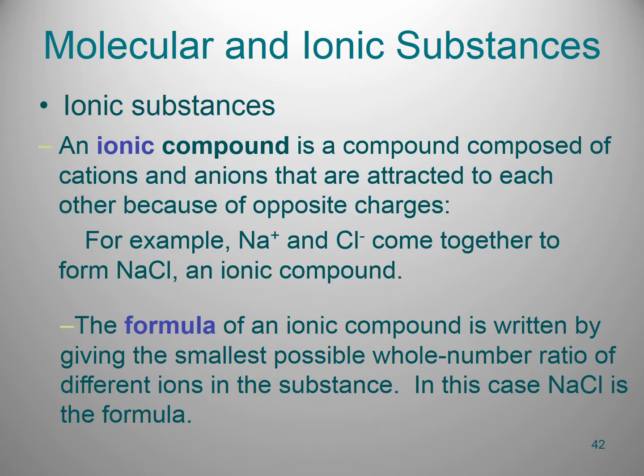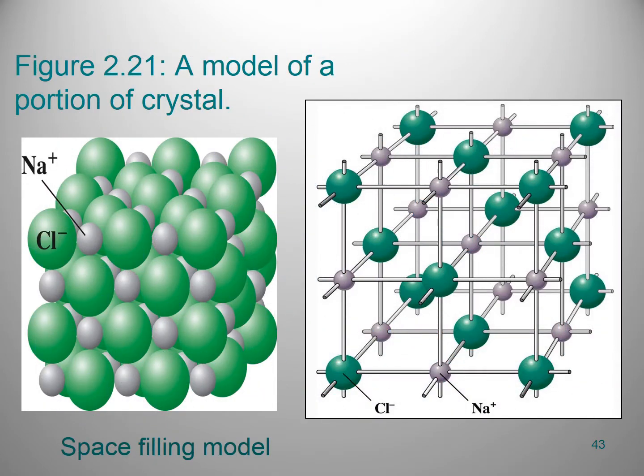So in this case, Na is a +1, Cl is a -1, and so they'll form a 1-to-1 ratio, so NaCl is the formula. An ionic formula only gives you the lowest ratio. But what happens when they do come together, since Na plus is going to be attracted by all the negative ions, they're going to surround it.